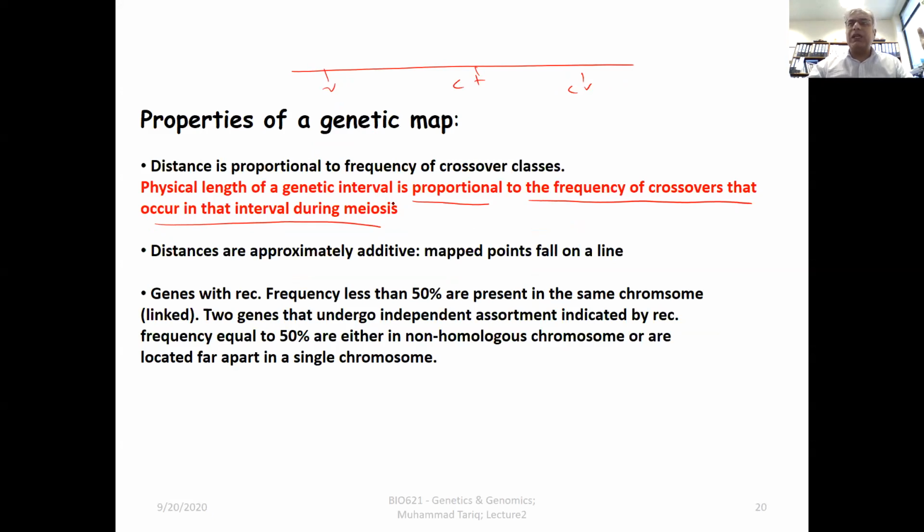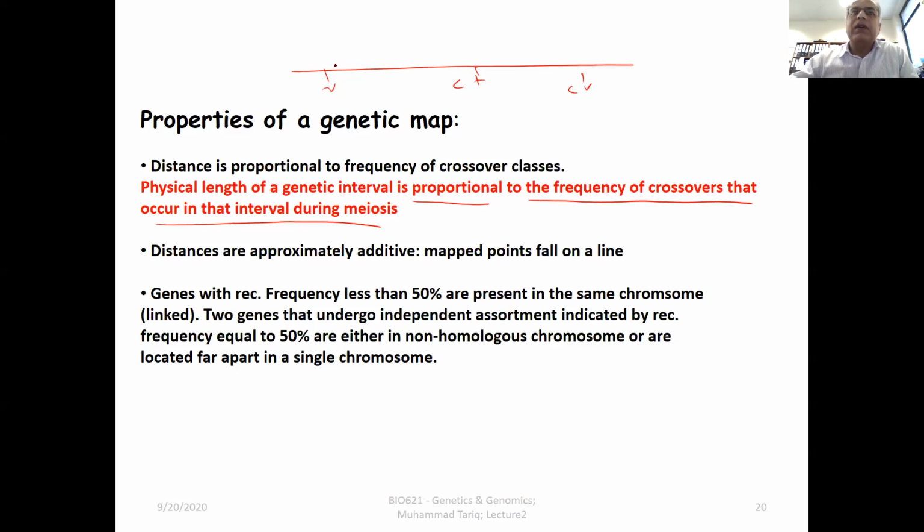The bigger the distance between two genes, the higher the frequency of crossover. The smaller the distance, the lower the frequency of recombination. And distances are approximately additive.